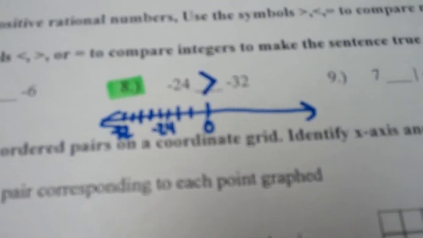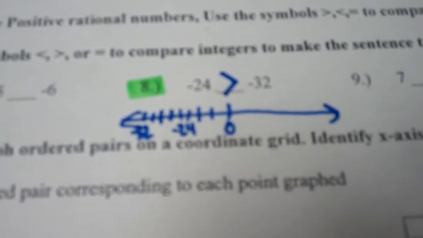And -32 would be even further down away from 0 on the number line. And I know that my numbers further to the right are higher numbers and the numbers further to the left are lower numbers or smaller numbers. So I know that -24 is actually larger than -32 because of that negative symbol.